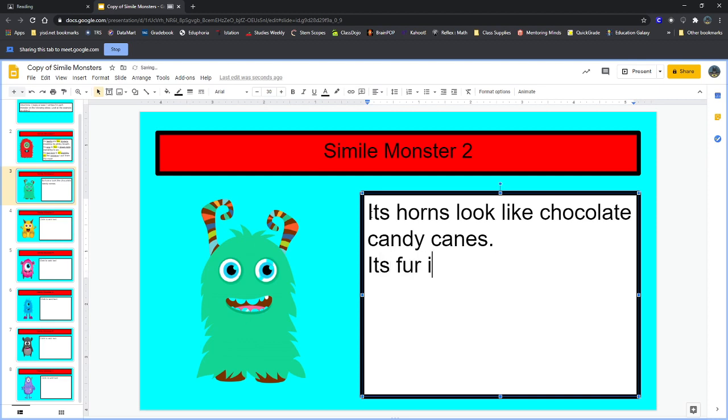Its fur is as green as a... sorry, Christmas should be capital. That's a good one. So its fur is as green as a Christmas tree. All right. We need one more. One more simile for this monster to describe a part of it and compare it to something else.